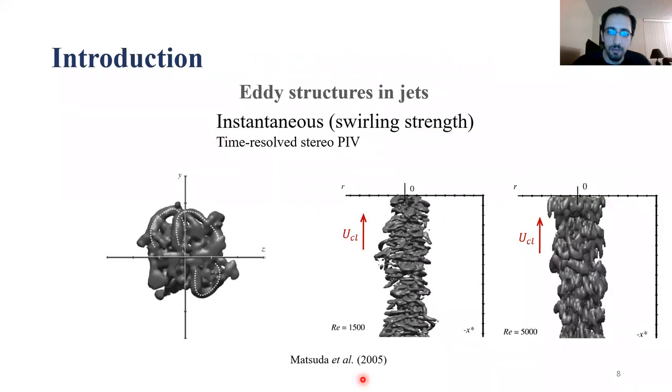They measured the convection velocity and showed that up to a radial distance of the jet half width, Taylor's hypothesis is very good. Thanks, Milad. No worries.